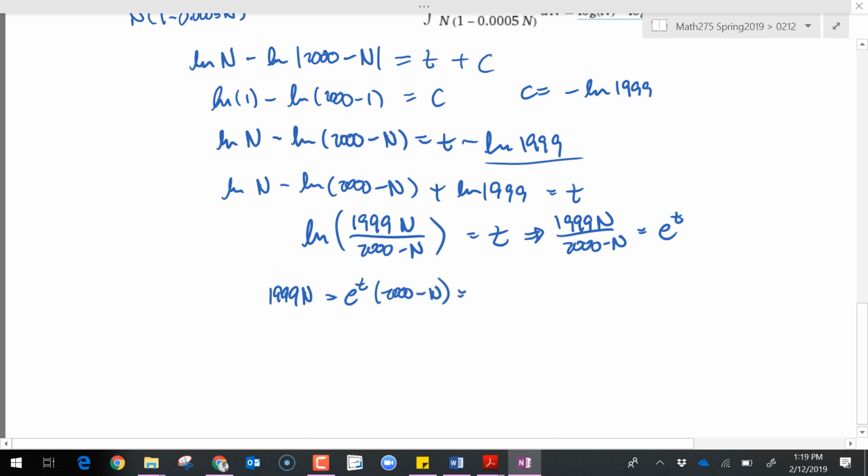Distribute. And then bring all the n's over to the other side. Factor out the n and divide.